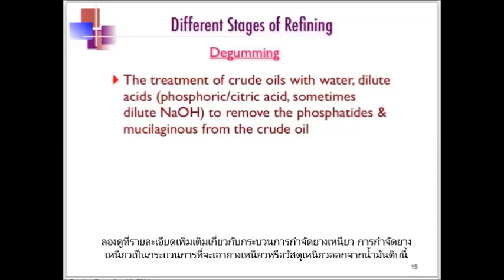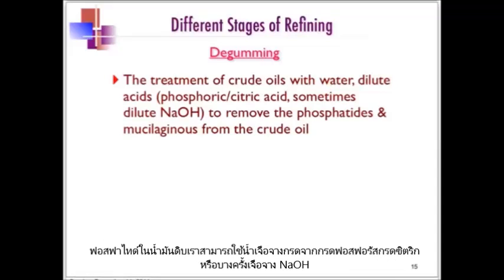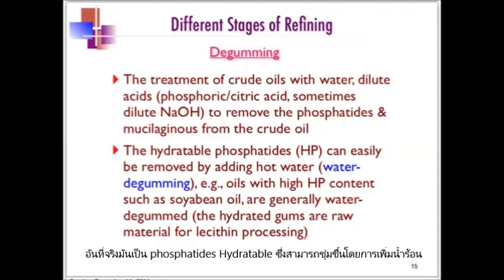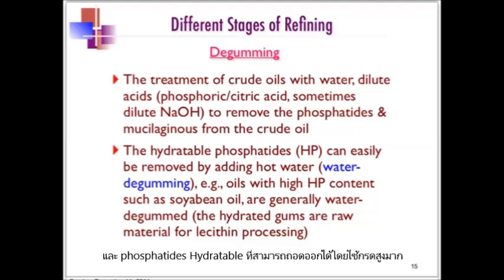We can use water or dilute acid in the form of phosphoric or citric acid, or sometimes dilute sodium hydroxide. There are actually two types of phosphatides. One is called hydratable phosphatides, which can be hydrated by using hot water, and the other one is non-hydratable phosphatides, which can only be removed by using acid.